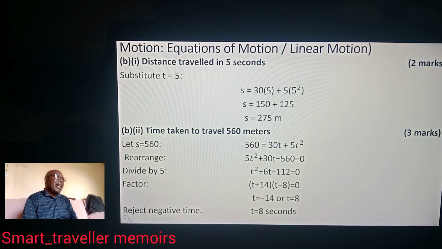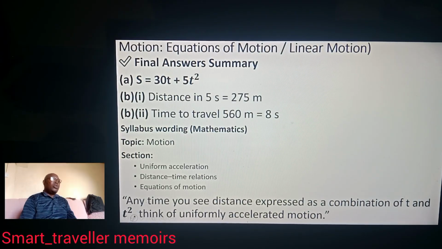Reject negative time, and therefore our t is 8 seconds. Remember, I have a video of how you factor quadratic equations, so don't hesitate to look at my channel and you see how we got t plus 14 times t minus 8 is equal to 0.